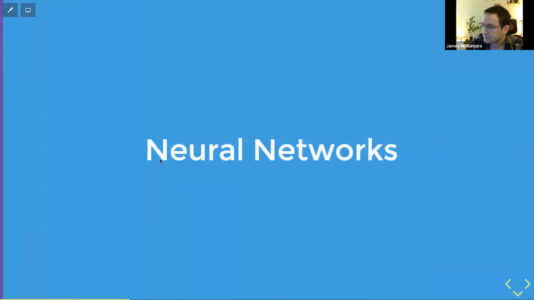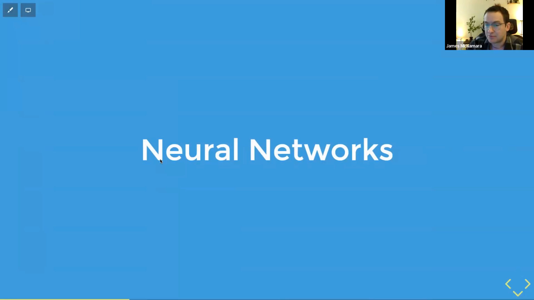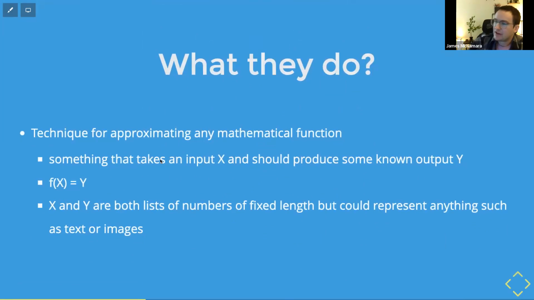So now we can jump right into neural networks. So what is a neural network? Fundamentally, they are just a technique for approximating any mathematical function.